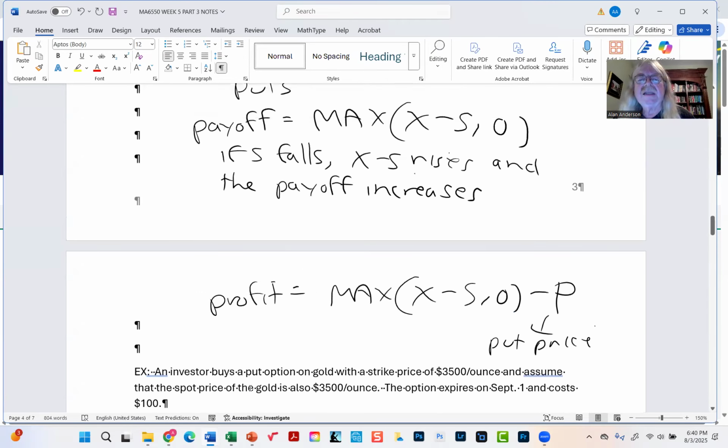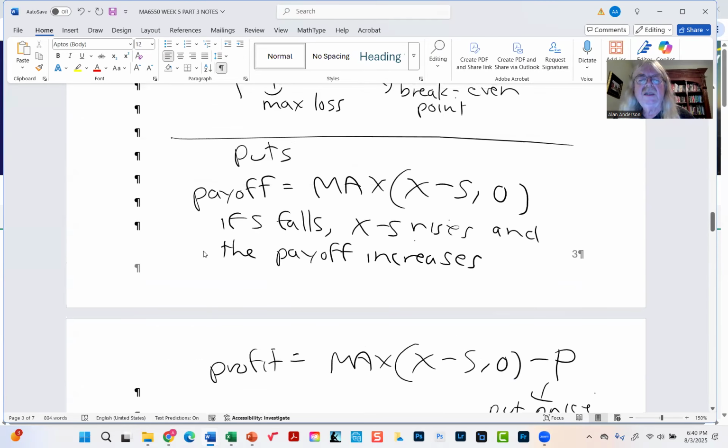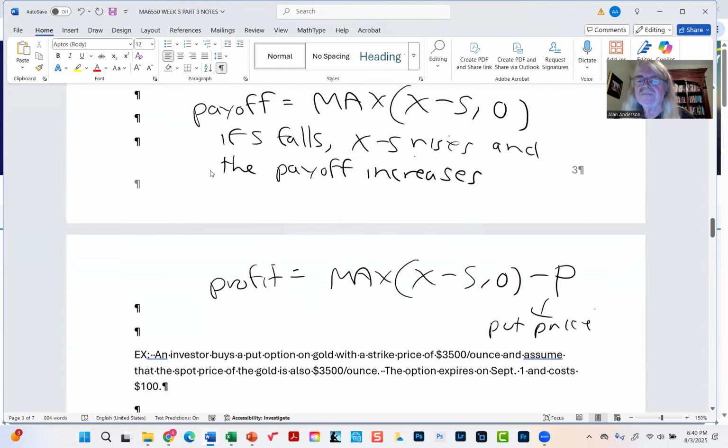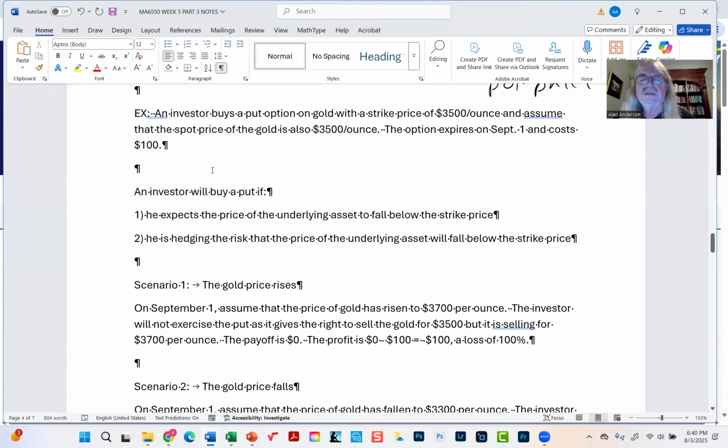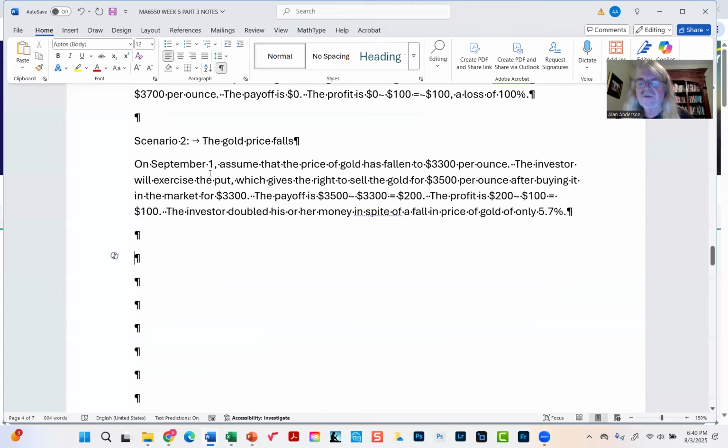All right, so that being the case, you can see the logic behind these statements here. The payoff is max(X minus S, 0), and the profit or loss is max(X minus S, 0) minus P. So then the graph looks like this.